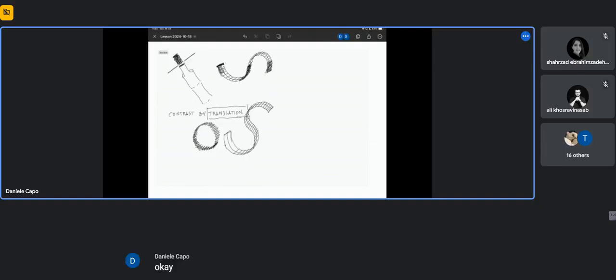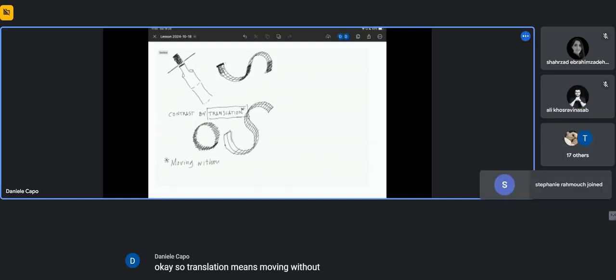So translation means moving without rotation.